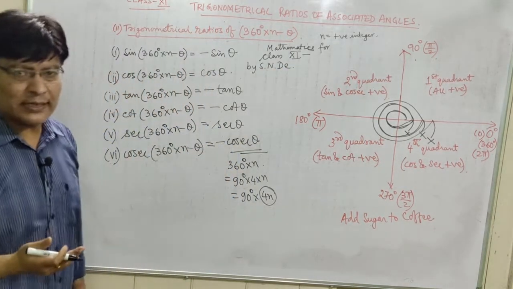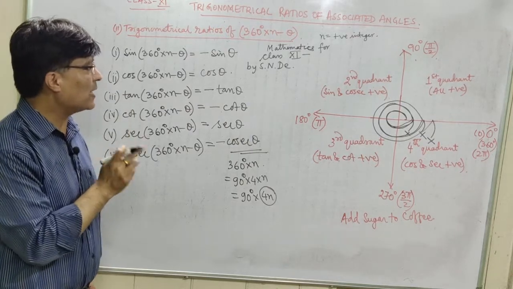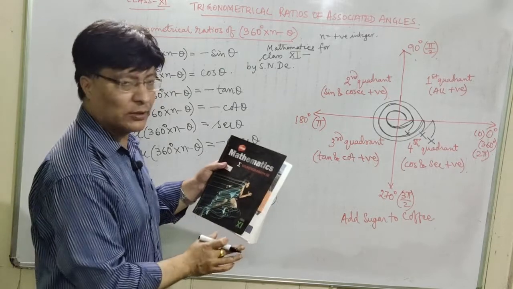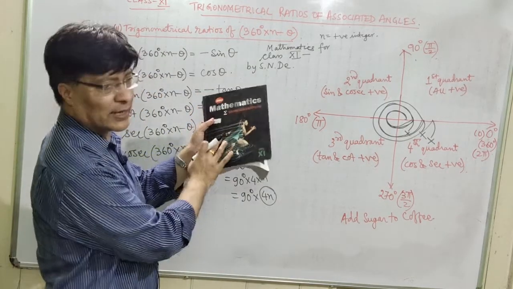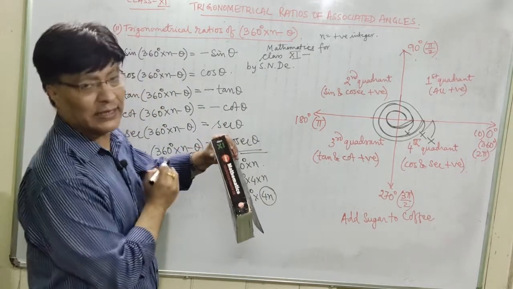So in the next online class, we will do problems from this book. So all of you must buy this book. The writer is Sailendra Pradhan, and this is for class 11.